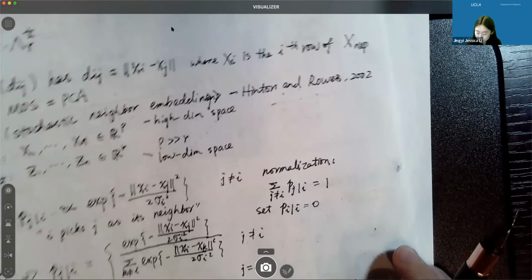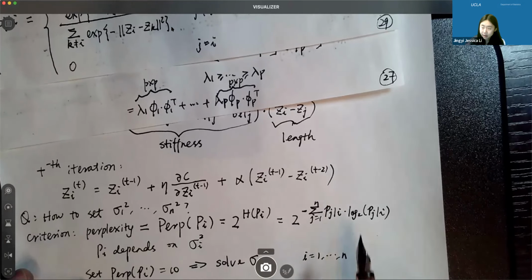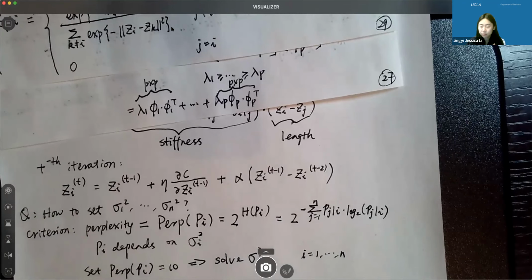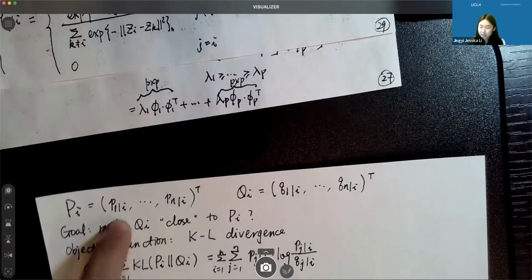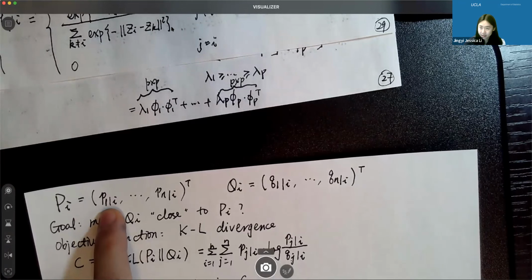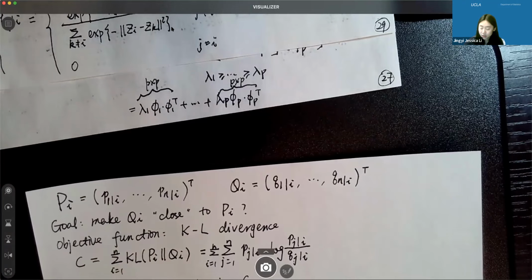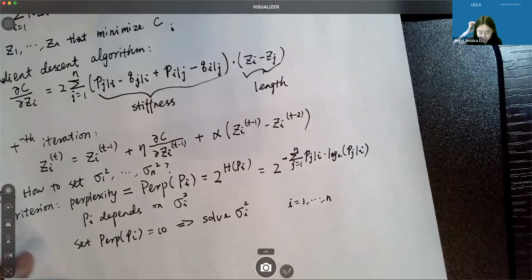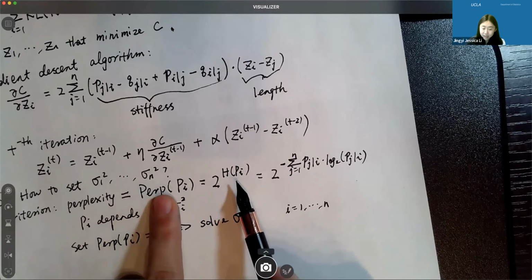And being more even, the entropy of this probability vector will be bigger, because entropy measures uncertainty. If the values in this vector are equal to each other, that maximizes the entropy. If only one of them is equal to 1 and the others are 0, that's the certain case, and the entropy is 0. So as sigma i increases, entropy increases, perplexity increases.